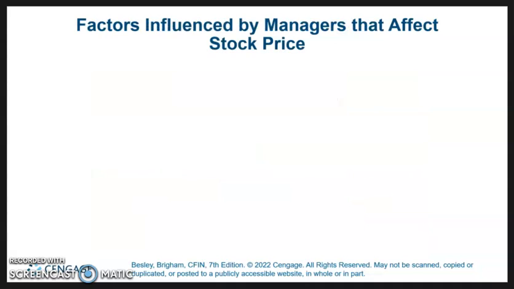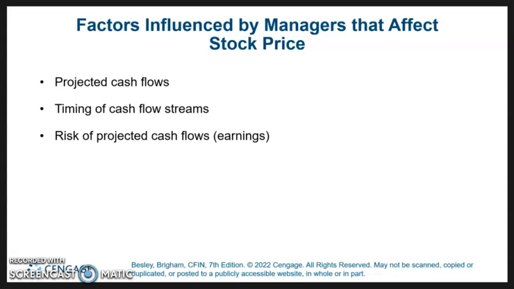Factors influenced by managers that affect stock price: cash flows, the timing of cash flows, or projected cash flows. Sooner is always better. Risk of cash flows. The more risky, the higher return that the investor is going to expect. The use of debt.